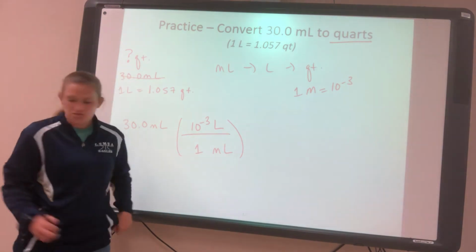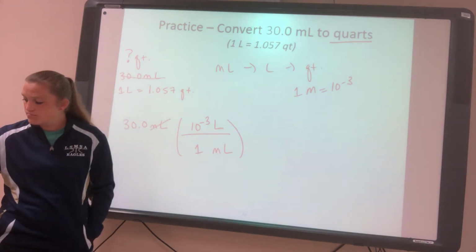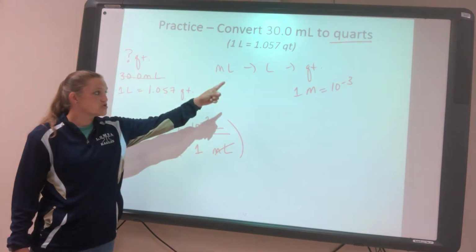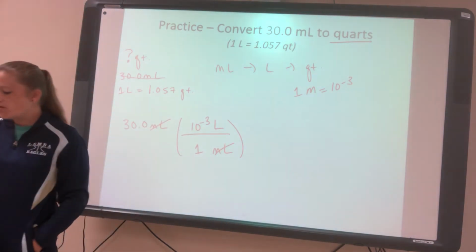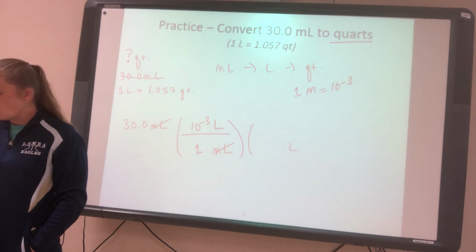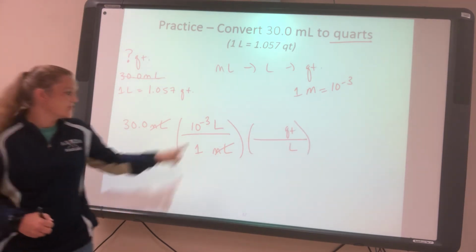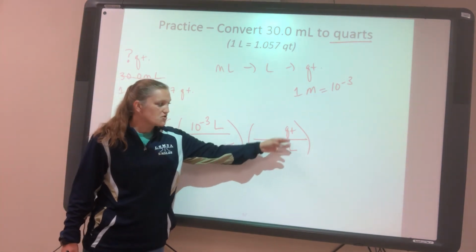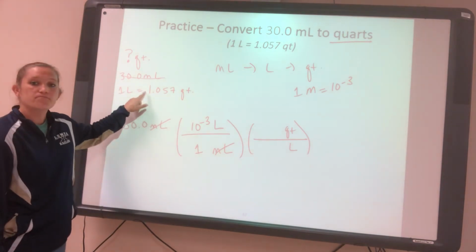So now I'm in liters. My milliliters cancel, and I'm in liters. I want to go from liters to quarts. So liters go on the bottom, quarts go on top, because I want my liters to cancel. For them to cancel, it has to go on the bottom. So then I say, do I have anything that's going to relate liters to quarts? This one.